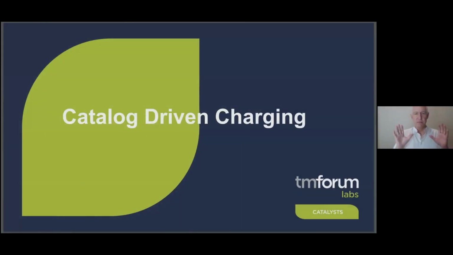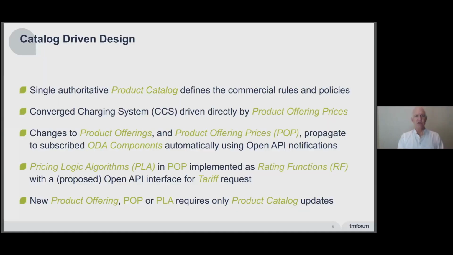The main premise of the work that we've been doing in this catalyst is to have a catalog-driven solution. And so that means that we should have a single authoritative product catalog where we define the commercial rules and policies in a single place. Now, that information obviously needs to be reflected and used by the other components in the system.